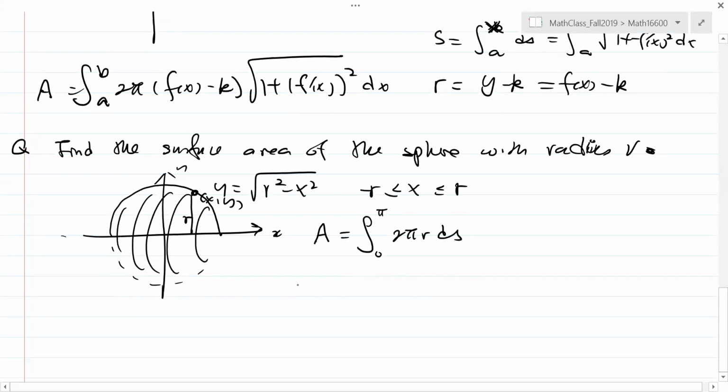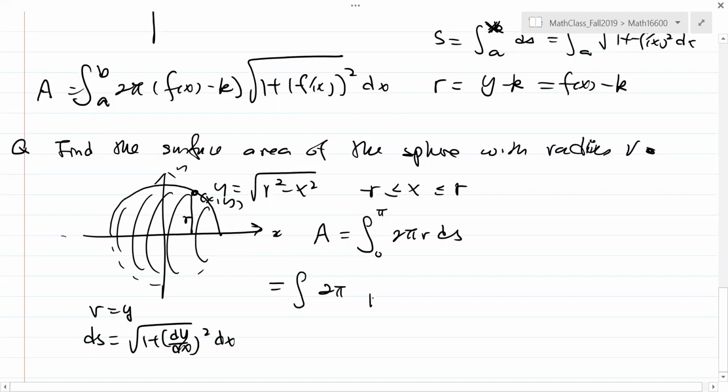Then you change it to the parameter x. You can change it to the y variable maybe, but let's change it to x. So it's 2 pi r here, r is going to be y, and ds is going to be the square root of 1 plus (dy/dx) squared dx. But I need a function, so you have to express y in terms of x.